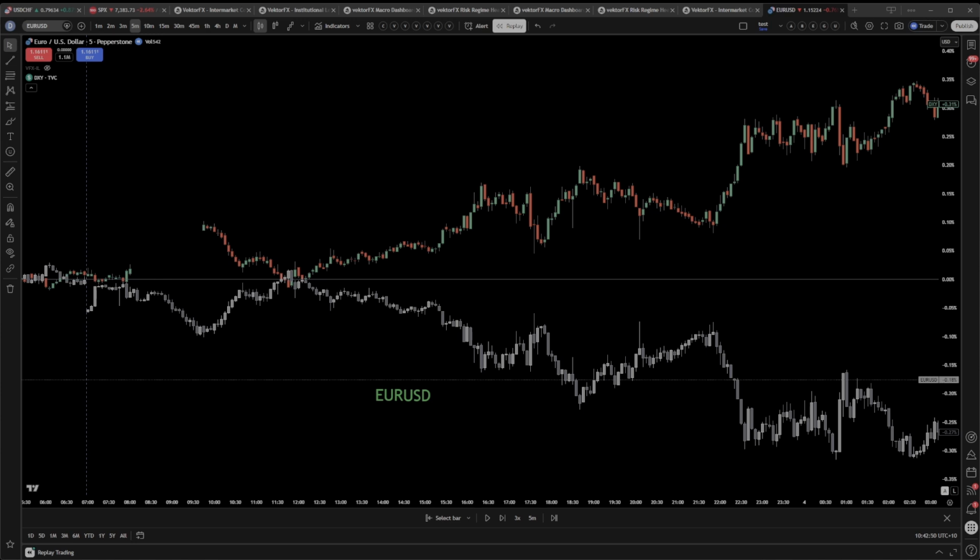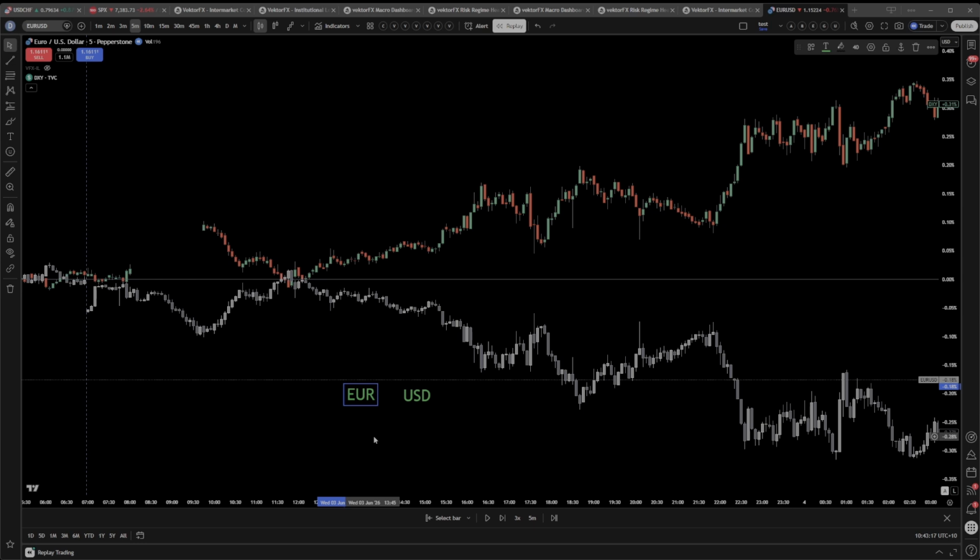So why is this useful? Well, if you have a look at the Euro US dollar, it is made up of two parts, the euro and the USD, US dollar. Depending on the strength or weakness of each of these two components, that is what drives price for the Euro US dollar currency pair.